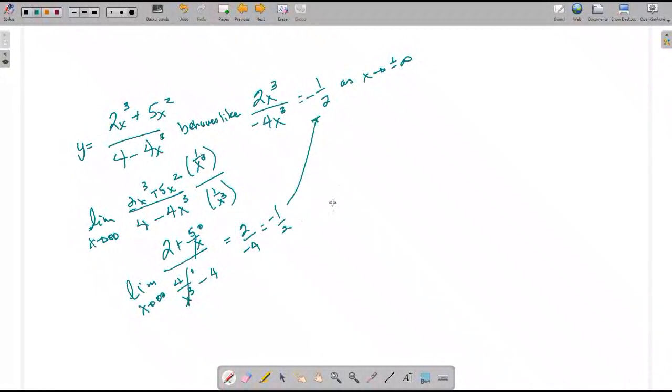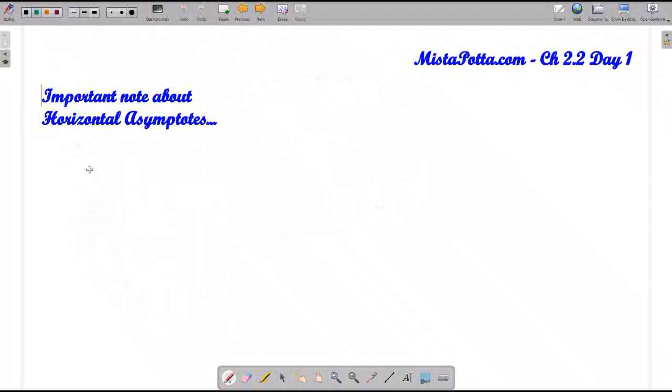And so what that means is that we have a horizontal asymptote at y equals negative 1/2. And so that's what I'm referring to with this important note about horizontal asymptotes.